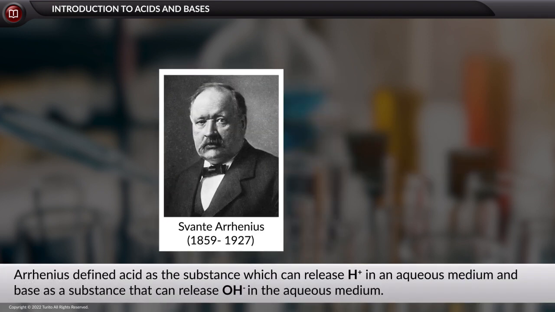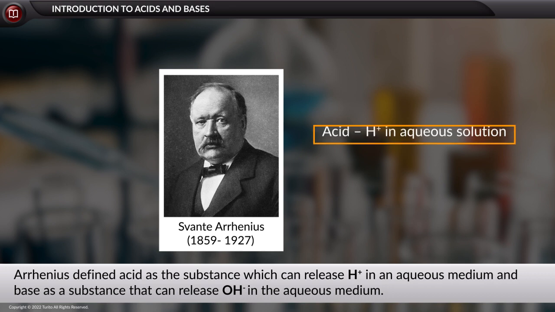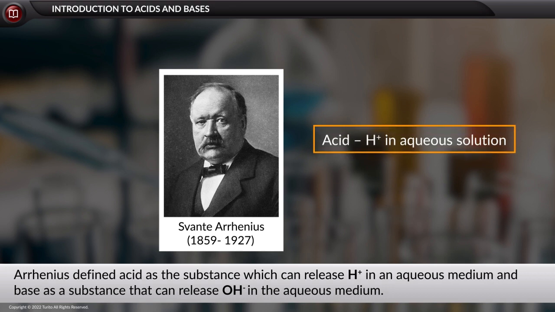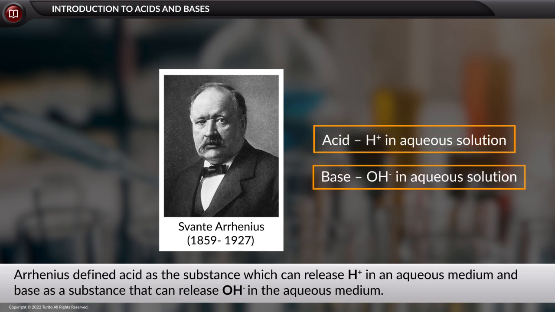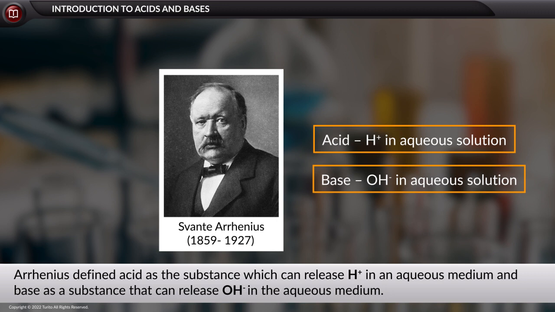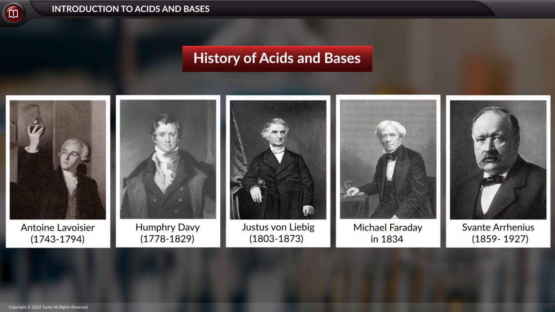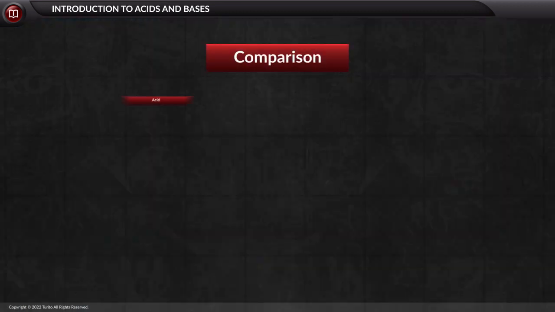Arrhenius defined acid and base in 1887. Acid as the substance which can release H+ in an aqueous medium, and base as a substance that can release OH- in the aqueous medium. As we now are acquainted with the history of acids and bases, let's move on to a comparison of acids and bases.